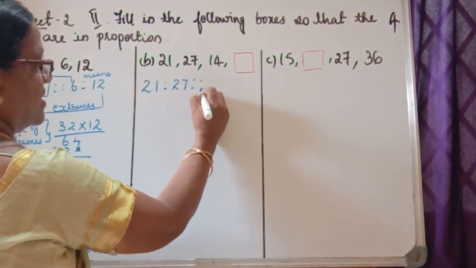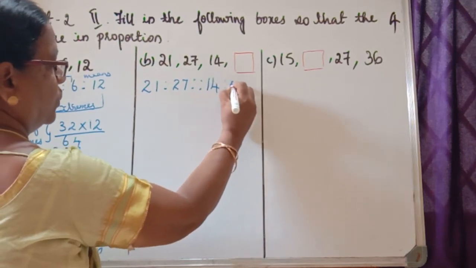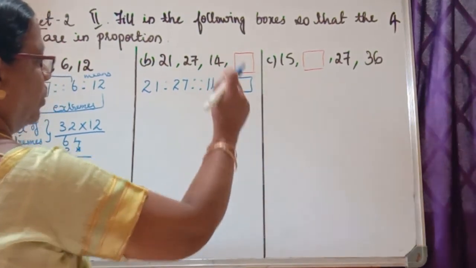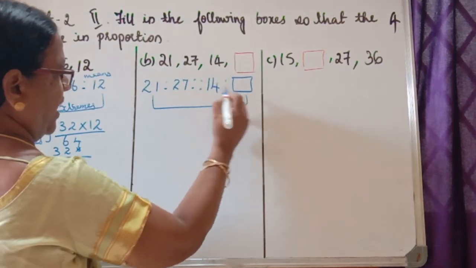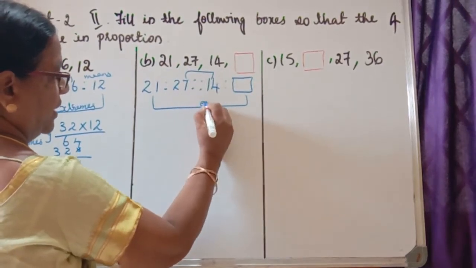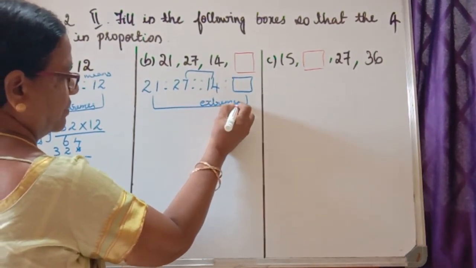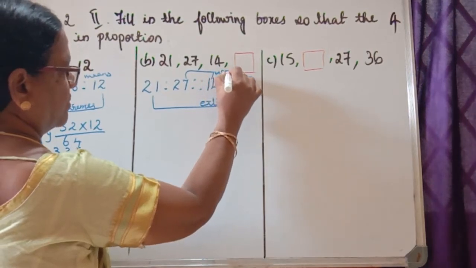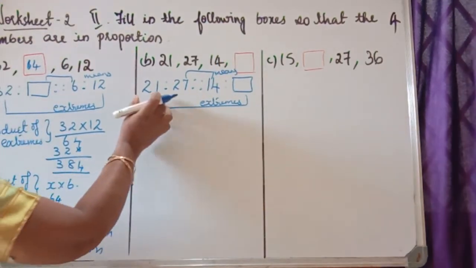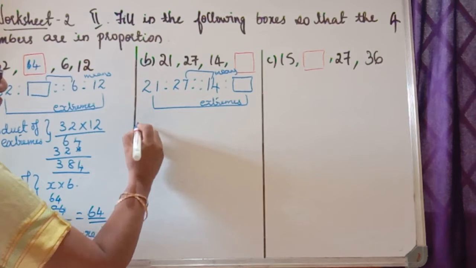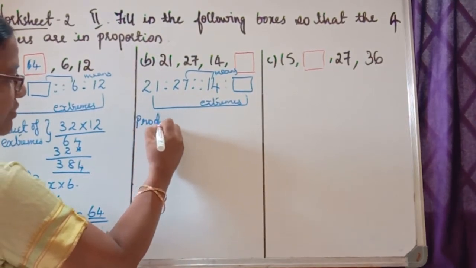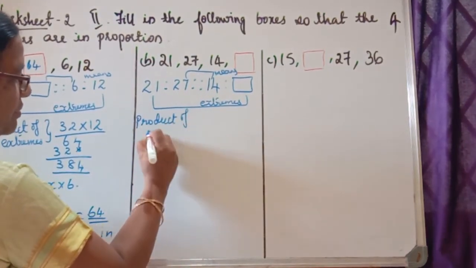21:27 as 14:box. Here the box we consider as x. Extremes, means. Here in extremes we got only one term. So first we'll take product of means.